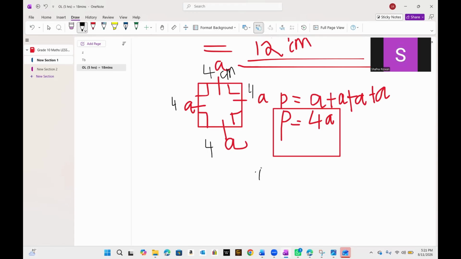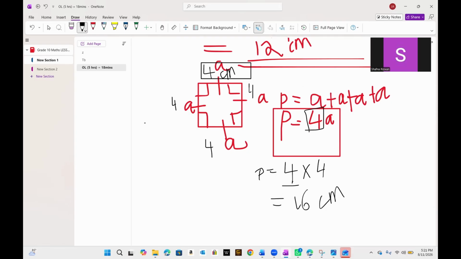You can say perimeter equals 4 multiplied by A. What is A here? It is 4 centimeter. I have given the value. So take this 4 and multiply it by the length of one side, which is 4. If you multiply 4 by the 4 given here, how much will you get? 4 into 4 is 16 centimeter.